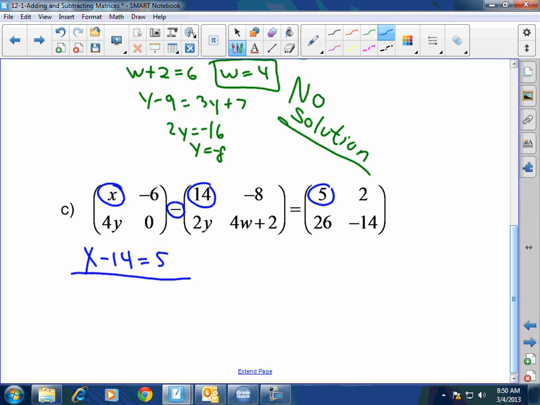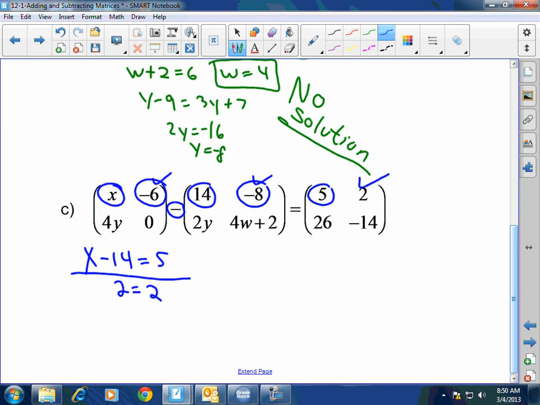Next one, let's start with 1, 2. Negative 6 minus a negative 8, wait, no, that's plus. Negative 6 plus 8 is 2, and 2 equals 2. So far we're good there.